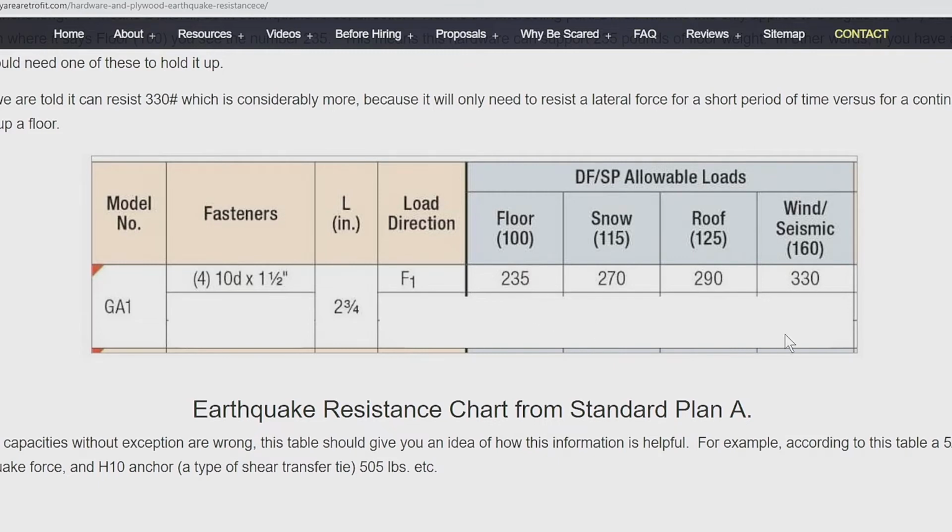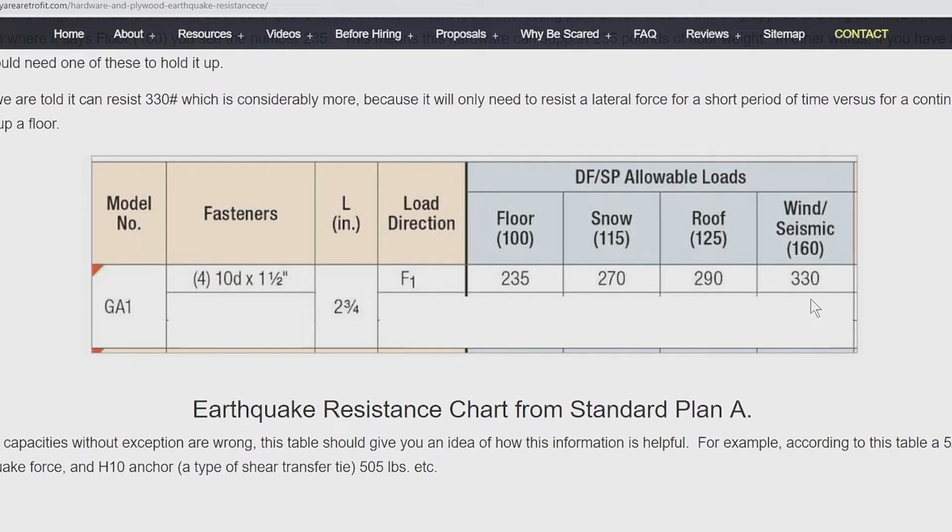Now when we get over to the earthquake section, you can see how it's higher. It's 330 pounds. The reason for that is the building code says if something's only going to have to resist some force for a short amount of time, it will be able to resist a greater amount of force. So they took this 235, multiplied it by 1.6, and got 330.